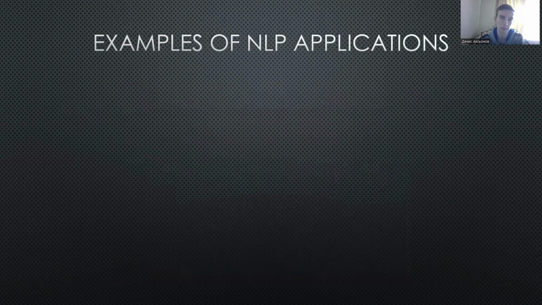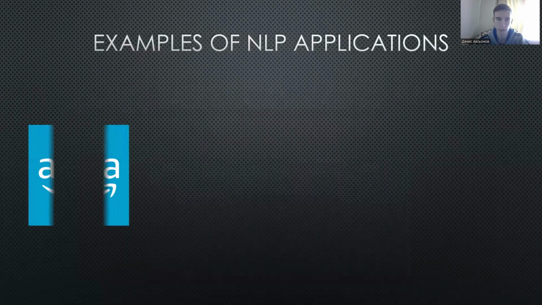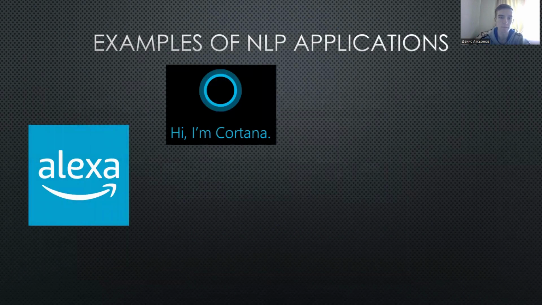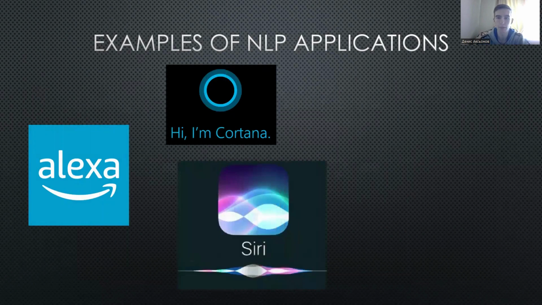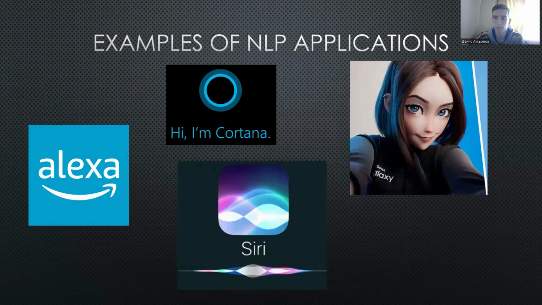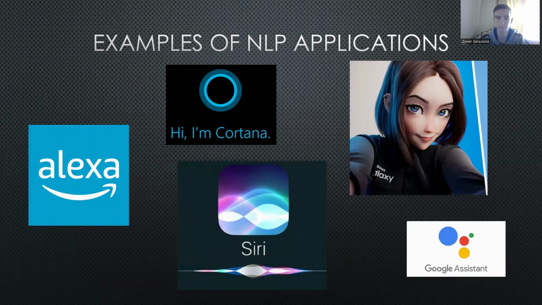Let's see the examples of NLP applications. There are Alexa, Cortana, Siri, Sam, and Google Assistant. All of them use speech-to-text to understand what you say.